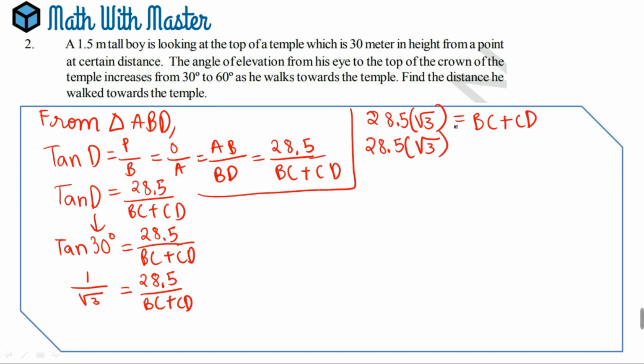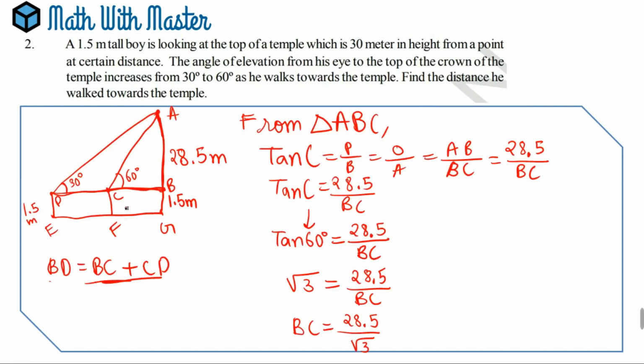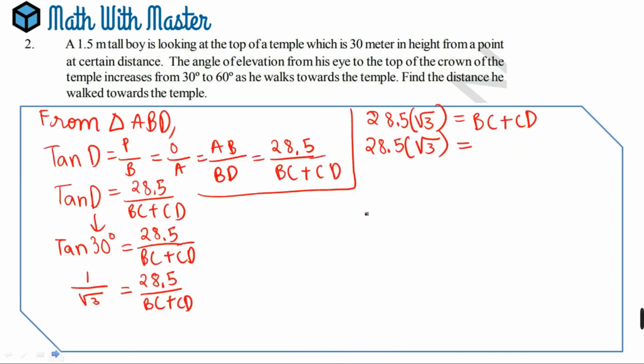Now this is the right time to put the value of BC. So the value of BC is this. This is the value of BC: 28.5 upon root 3 plus CD.